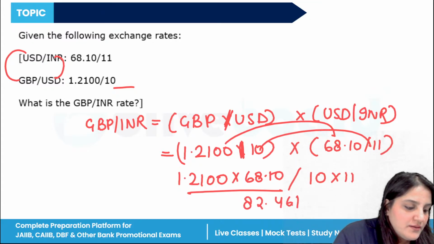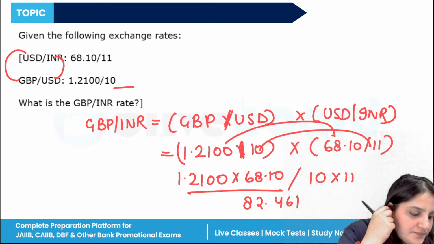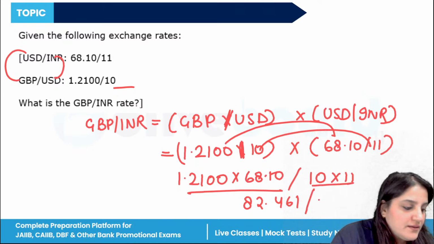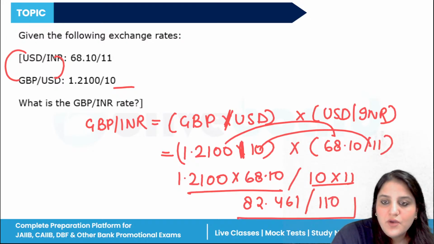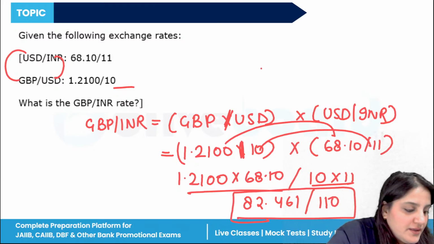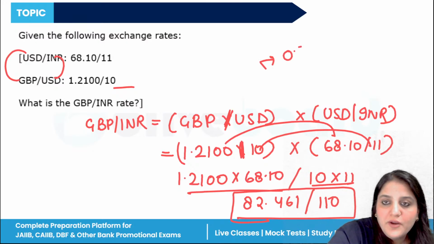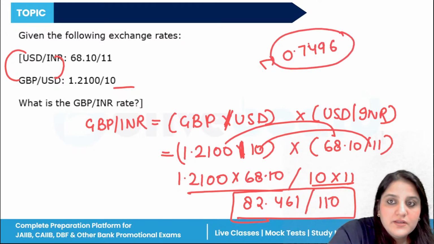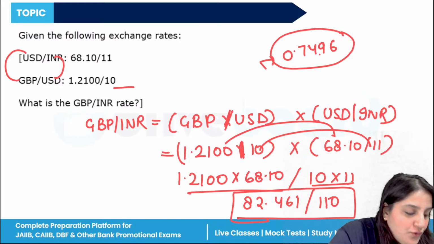So when we do this, it is equal to 82.461, and here we get 110. So after dividing it, the answer is 0.7496. So 0.7496 is the correct answer.